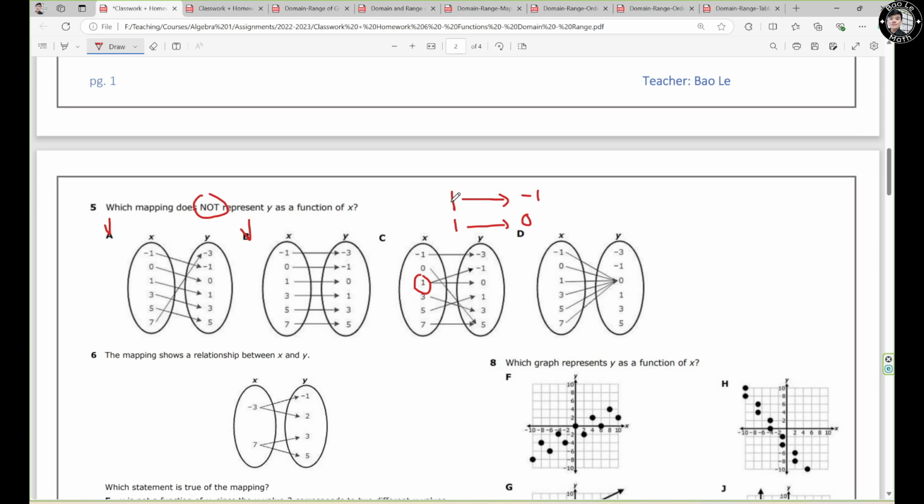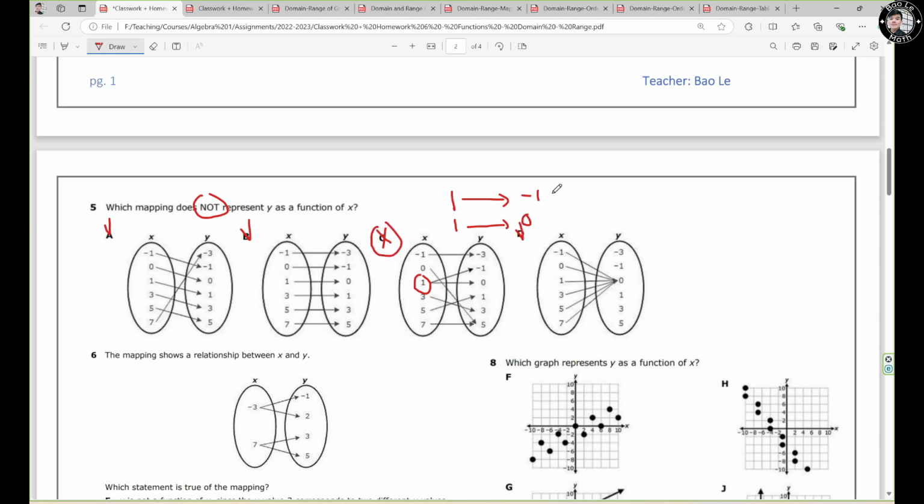Which means 1 is repeating, so this is not a function. This one, -1 points to 0, 0 points to 0, so x is not repeating, so this is a function. So the answer must be C.